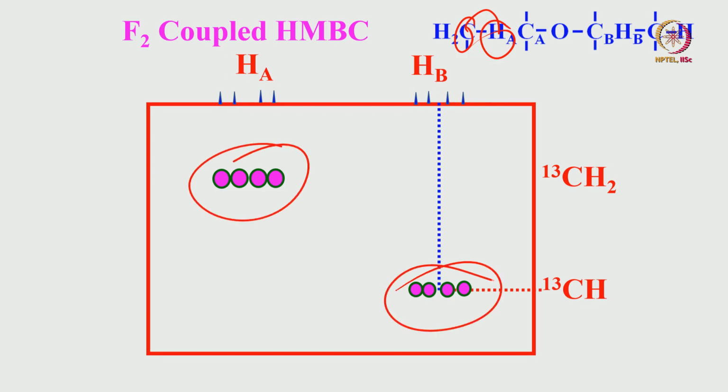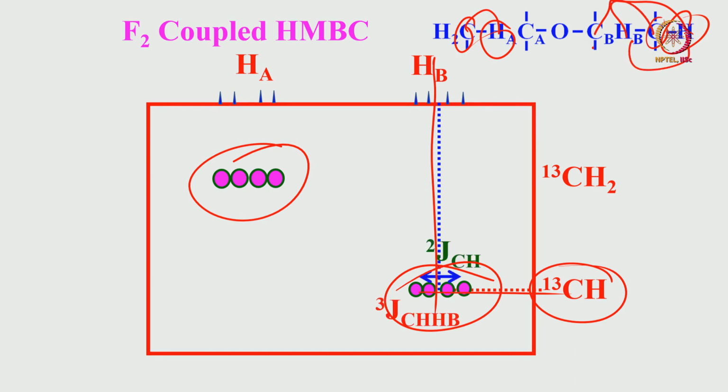Similarly, for HB, along this axis you get the carbon chemical shift. Exactly from the center, if you go, you get the proton chemical shift. Again CB, I am sorry, this carbon is correlating to this proton, and there is a doublet because of that, and that is what you are going to see.